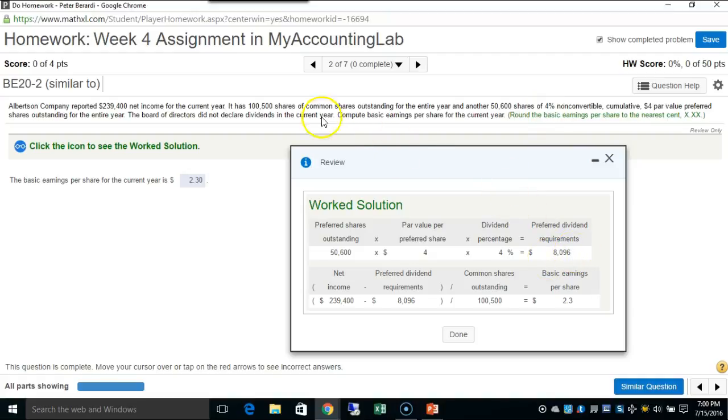You're going to take your net income reported of $239,400 minus your preferred dividend requirements. You're going to divide that by the number of shares outstanding for the entire year, and that will be your basic earnings per share calculation. Simple and straightforward.